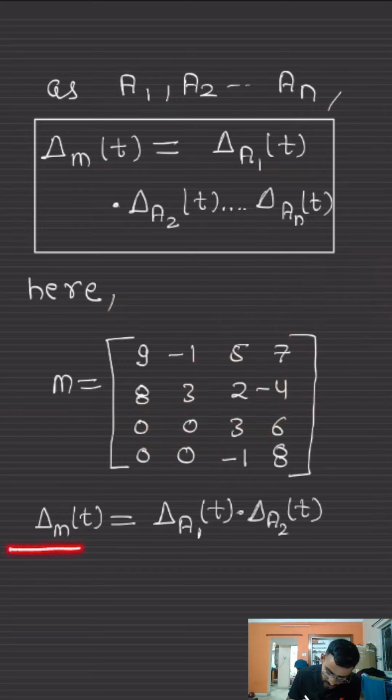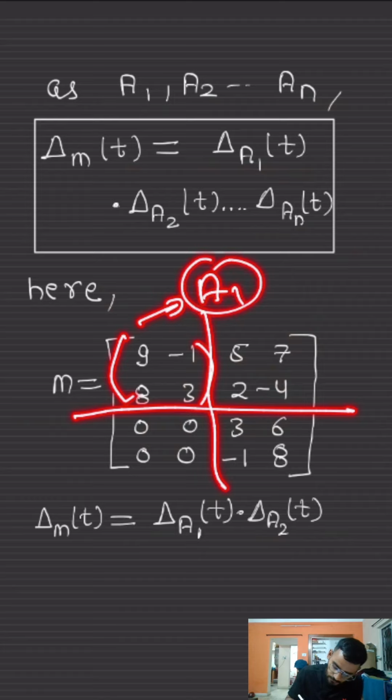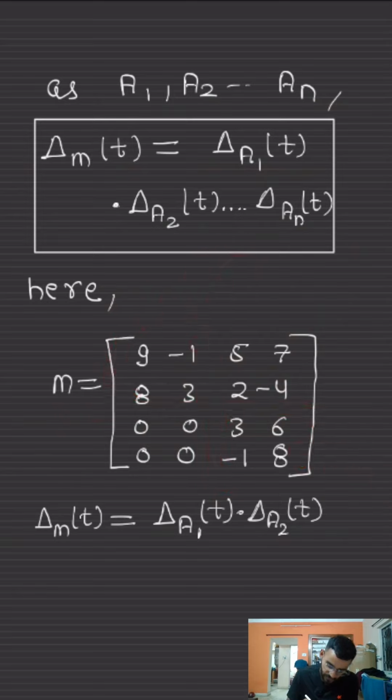Then the characteristic polynomial of M is the product of the characteristic polynomials of the diagonal blocks. So we divide M into these 4 blocks. Let's say this is A1, the first diagonal block, and this is A2, the second diagonal block. Then the characteristic polynomial of M is the product of the characteristic polynomials of A1 and A2.